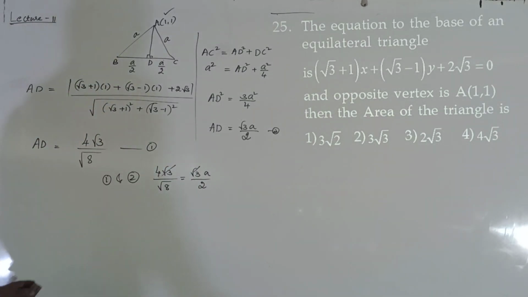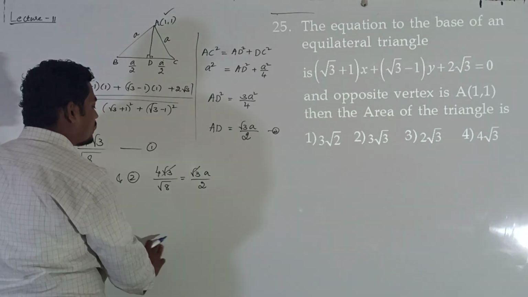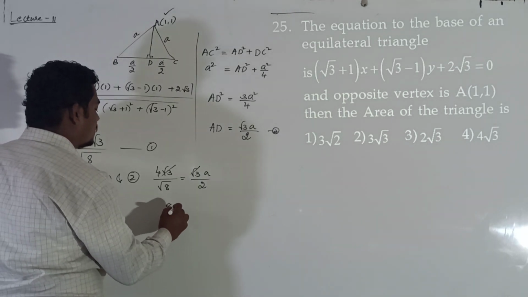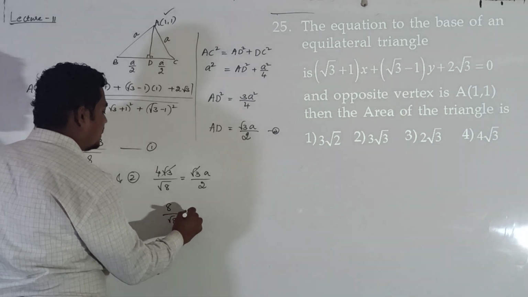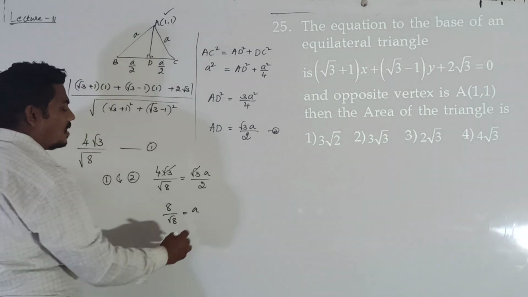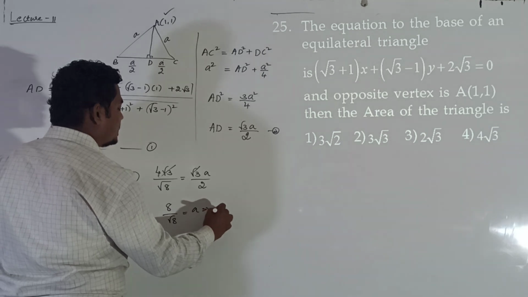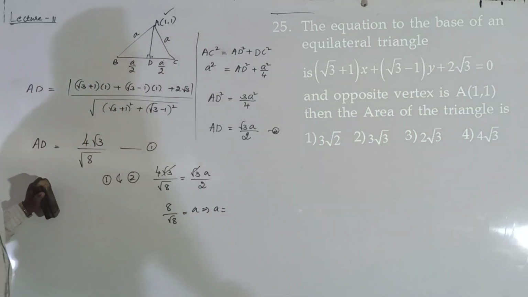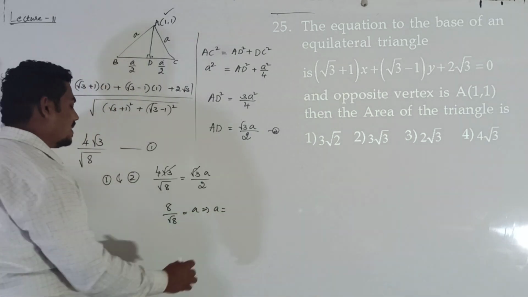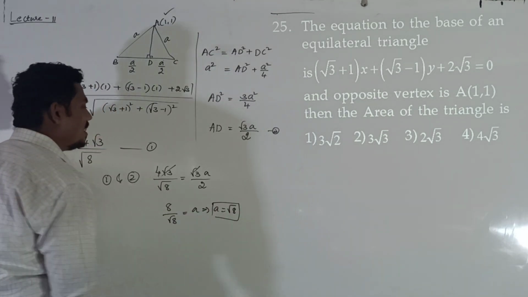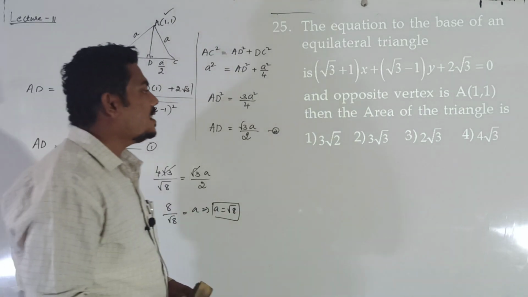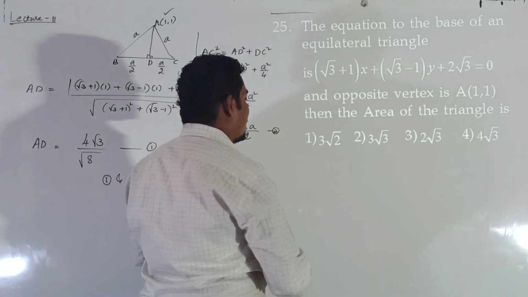Now on both sides root 3 will get cancelled. Then what is the a value? Cross multiplication, 8 divided by root 8 is equal to a. Or else, what is the small a value? Small a is the length of the side of the equilateral triangle, that is square root of 8 only, right? After getting the a value, what do we need? The area of the equilateral triangle.